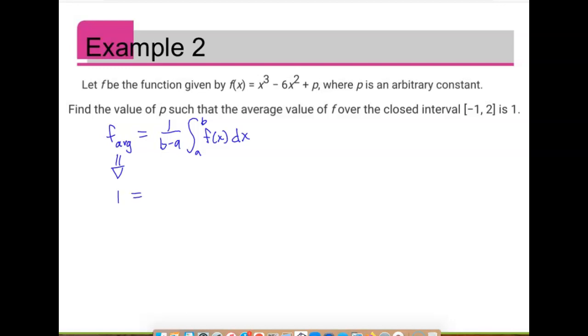What's the interval? So what's 1 over b minus a? So 1/3. Integral -1 to 2 of our function, which is x cubed minus 6x squared plus p dx.